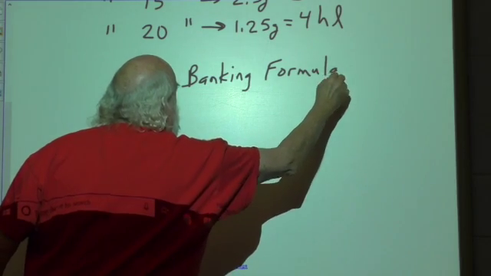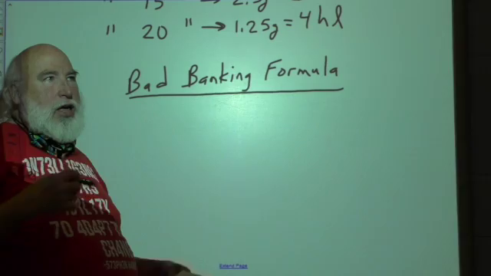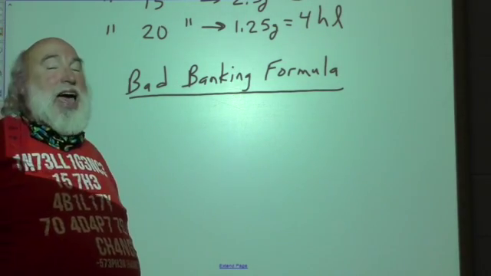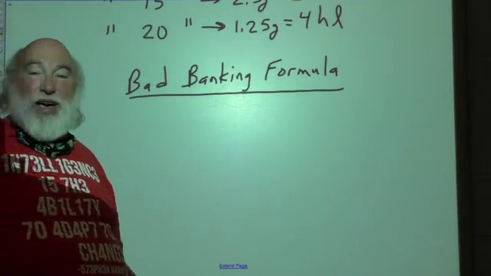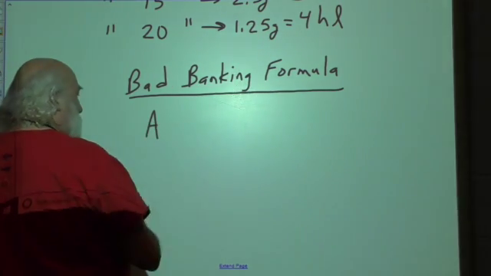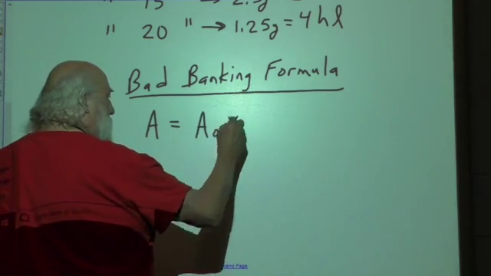Now, if you put money in the bank and they offer you a percentage of interest, you're going to gain money. The bad banking formula says, nah, we're going to take half your money away every time period, whatever that time period is. So you have your amount based upon your original amount times some factor.